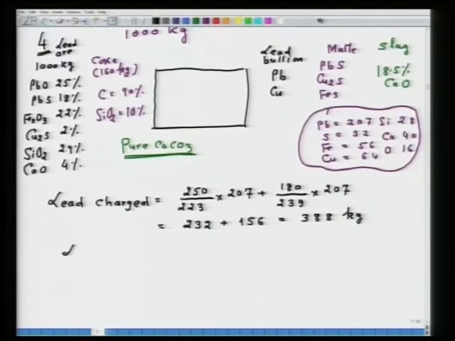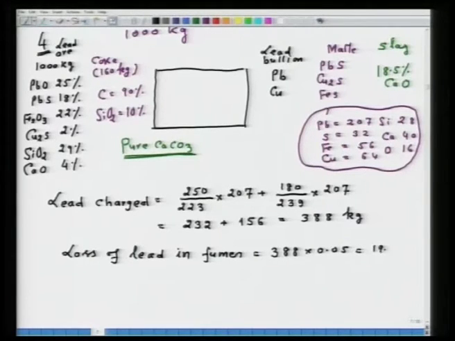So, loss of lead in fumes and gases or whatever will be equal to 388 into 0.05, that is equal to 19.4 kg.